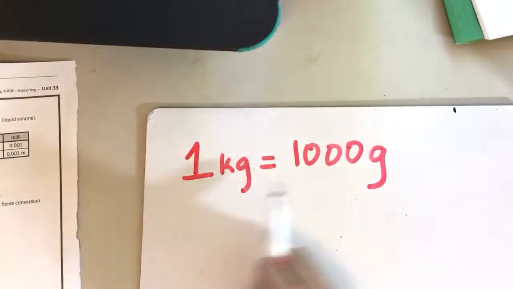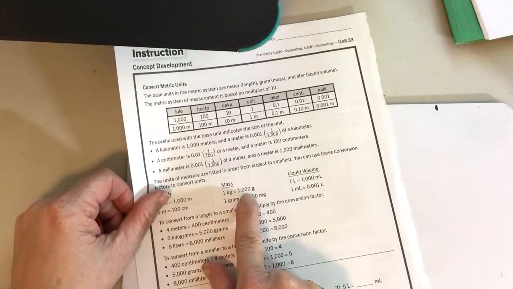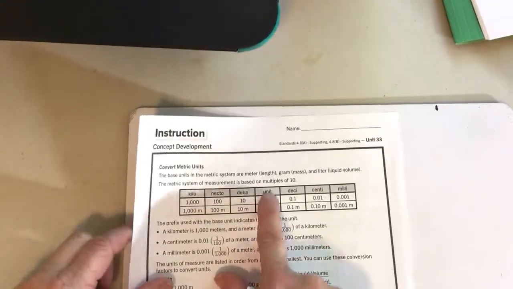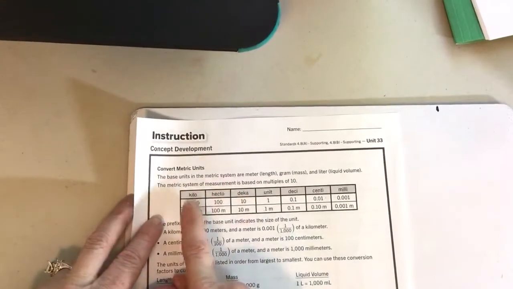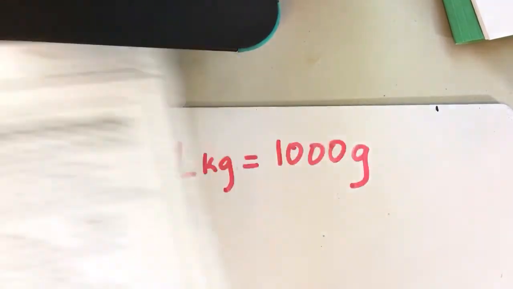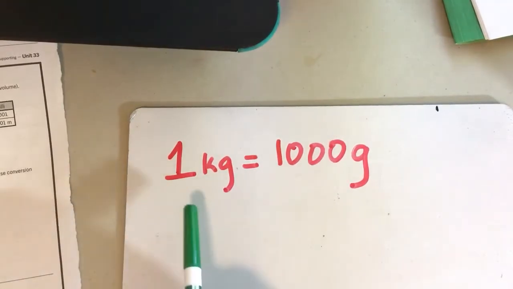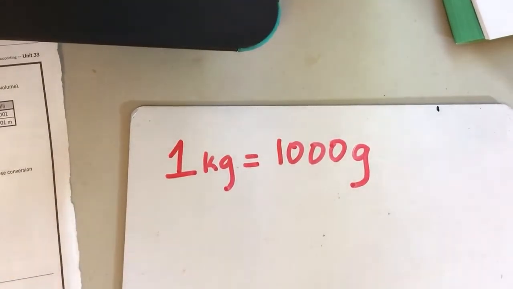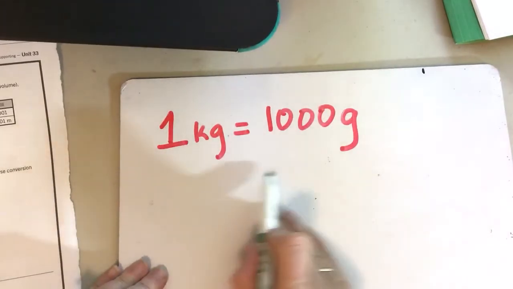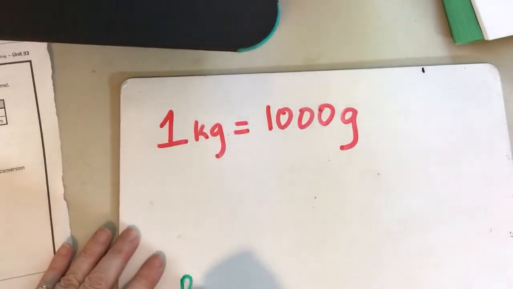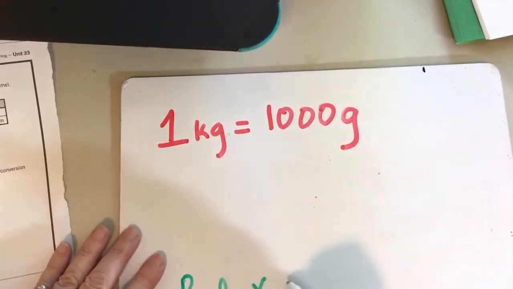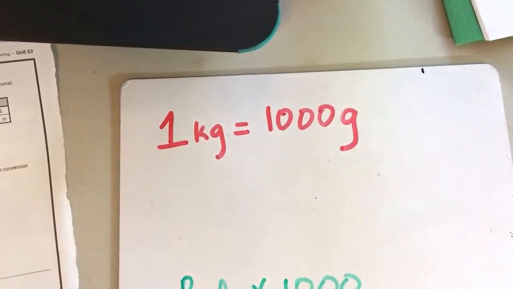That's like my key, right here. 1 kilogram is 1,000 grams. If I'm looking here, gram is the unit, kilo is way up here. It's 1,000, okay? So what was my rule for getting from there to there, okay? How did I go from 1 kilogram to 1,000 grams?